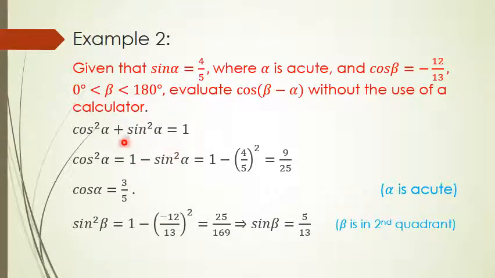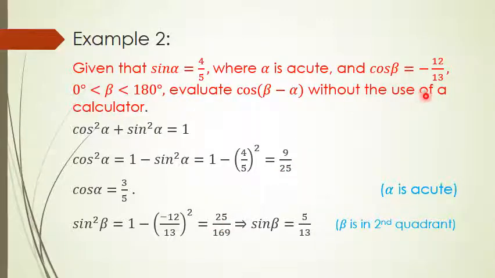Again, using this identity to find sine beta, we have sine squared beta equals 1 minus (12 over 13) squared, which on squaring gives you 144 over 169, and writing 1 as 169 over 169 and subtracting, you get 25 over 169.